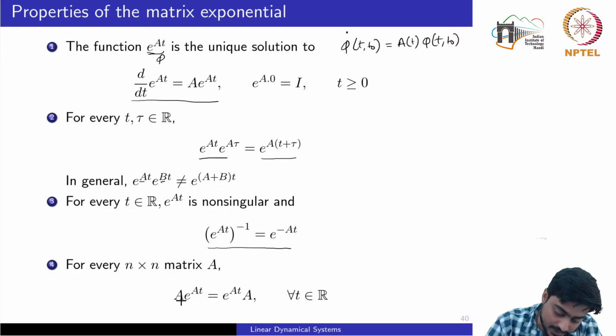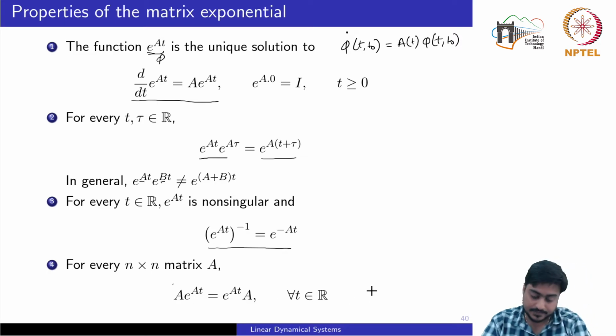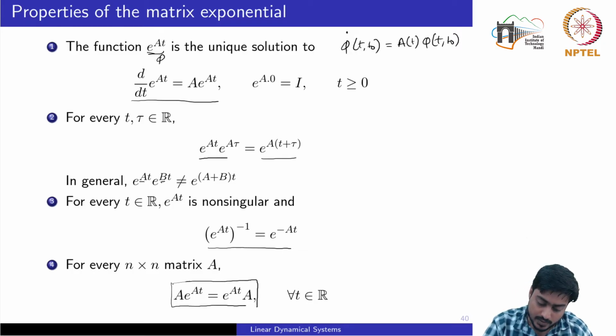The fourth property is that for every n cross n matrix A, I can compute the multiplication of the matrix A and the matrix exponential, and it commutes with the matrix A. Okay. The proof of this part you can do by yourself. The hint is that you can first of all use the exponential series and then pre-multiply and post-multiply with the A matrix.